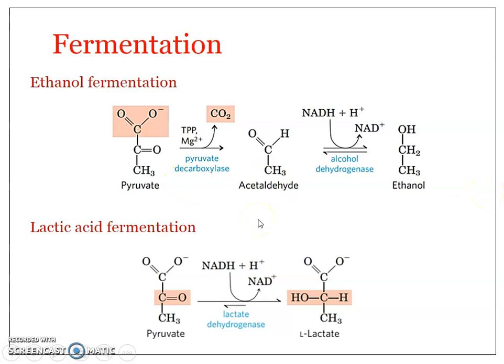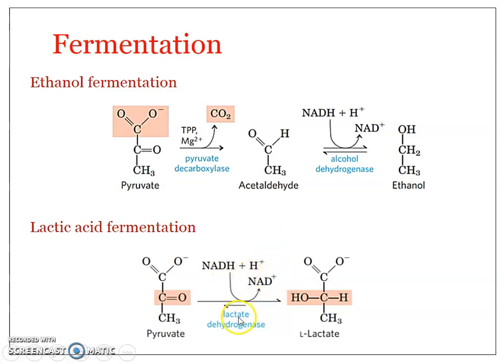The next one is the lactic acid fermentation, that is the production of lactate or lactic acid from the pyruvate molecule. As we can see, the pyruvate molecule undergoes reduction to produce lactic acid. The C double bond O has been converted into CHOH. Again, here also NADH is a reducing agent. NADH readily gives away its hydrogen atom to produce NAD plus, the oxidized form.